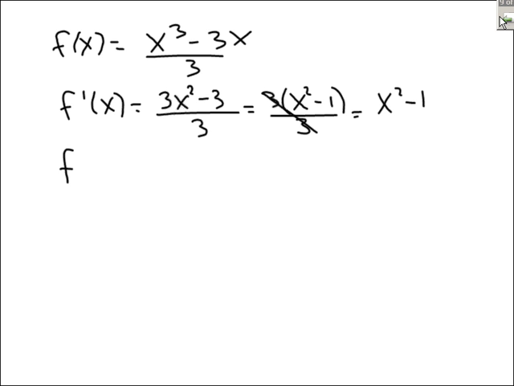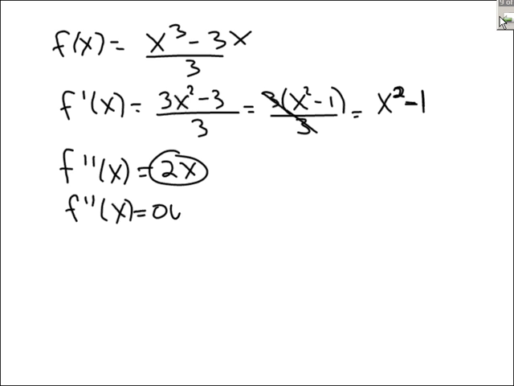So now to find the second derivative, you take the derivative of the first derivative. And that's just 2x. Factor it. You can't factor it anymore. The second derivative equals 0 when, well, if 2 times an unknown number is 0, that number is now known.